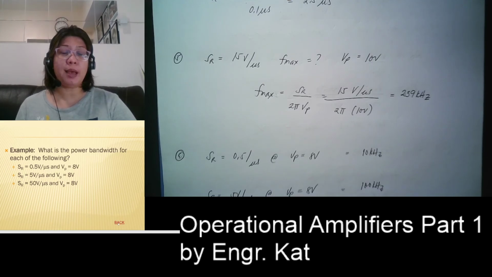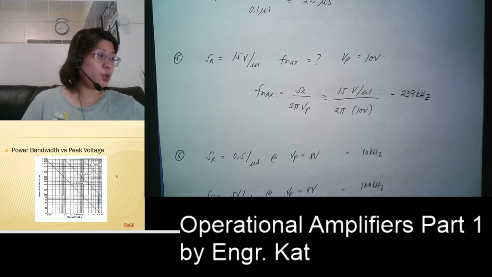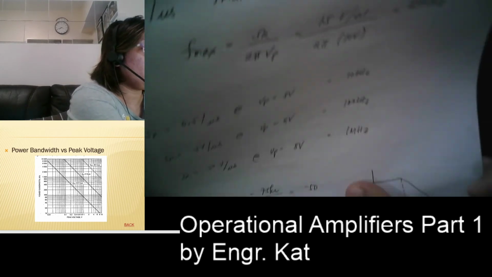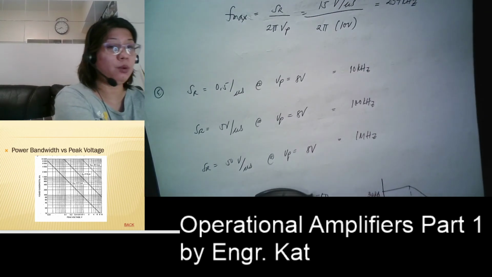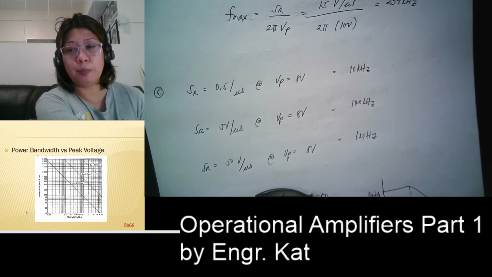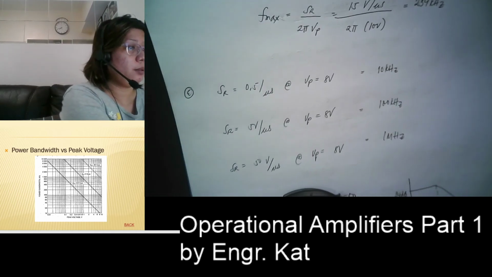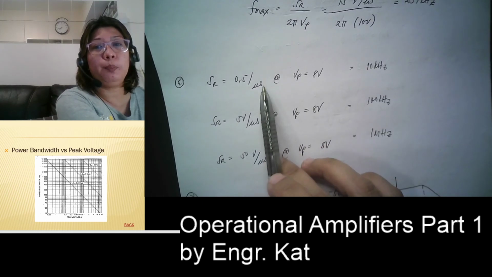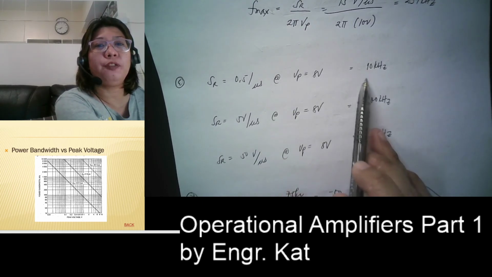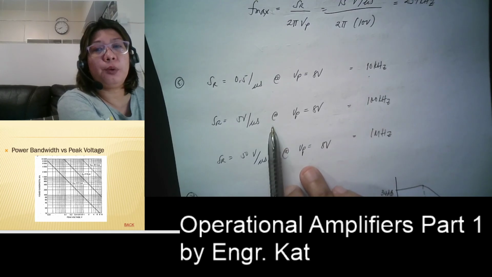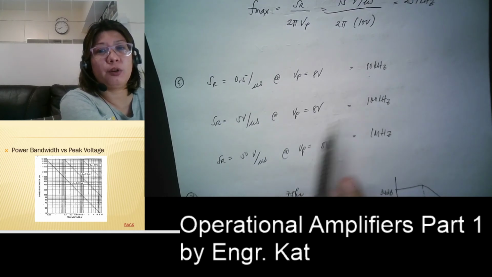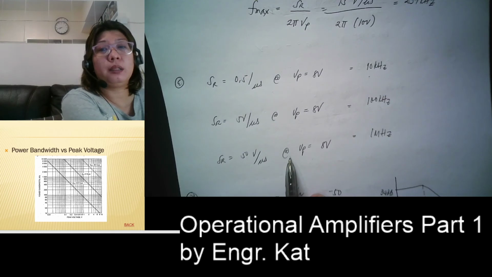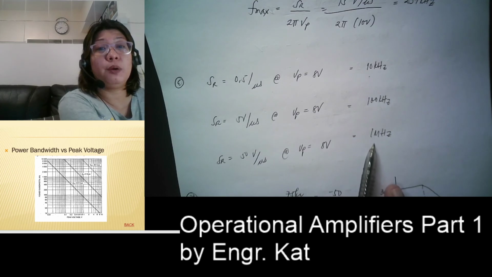Just by inspection of the graph, at 0.5 volts per microsecond you have 10 kilohertz. At 5 volts per microsecond, you have 1 kilohertz. And at a slew rate of 50 volts per microsecond, you have 1 megahertz.